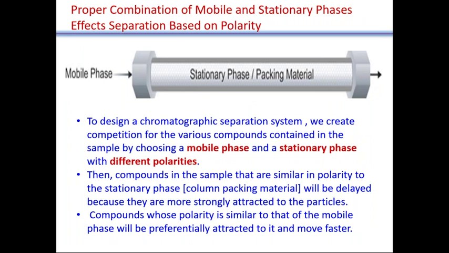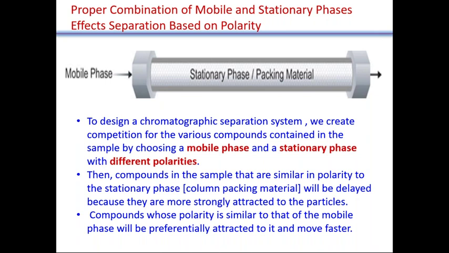So in the chromatographic separation, now that we know the structure of the analyte that we want to separate, we need to create a competition between the analyte and the stationary phase and the analyte and the mobile phase. So the competition is between the mobile phase and the stationary phase for the analyte. Then the compounds in the sample, if they are similar to the stationary phase, will be delayed. If they are opposite in polarity to the stationary phase, they will elute first.